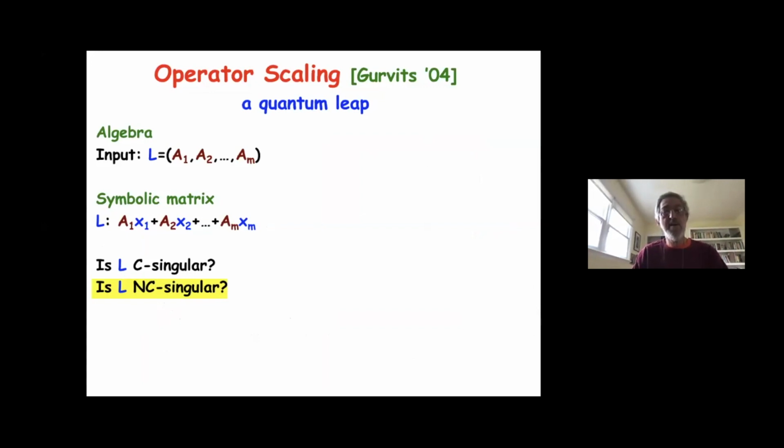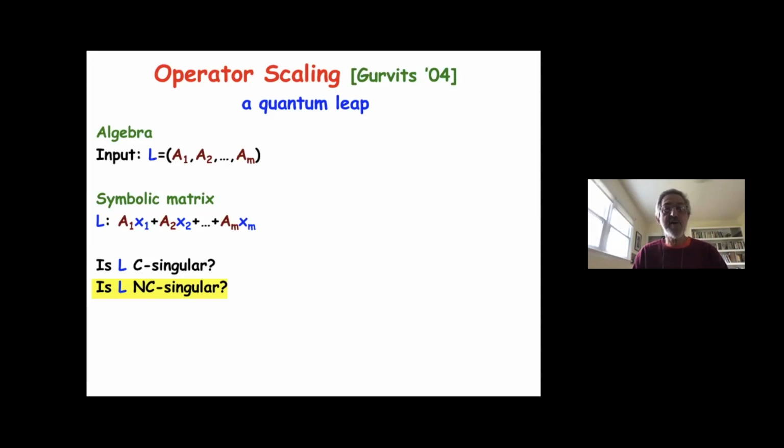And we asked originally whether L was singular in the commutative case, and later we asked whether it was singular in the non-commutative case. And what Gurwitz observed is that a tuple of matrices has many meanings.